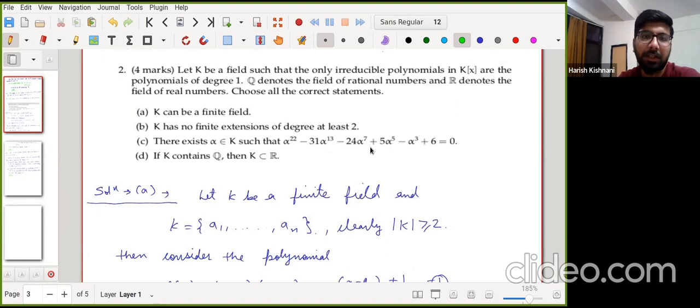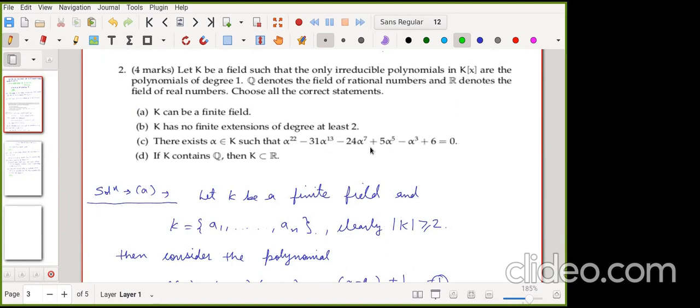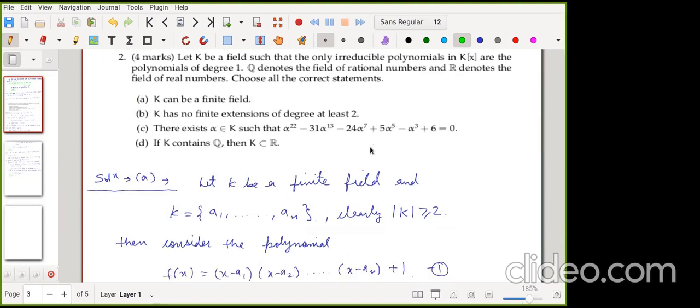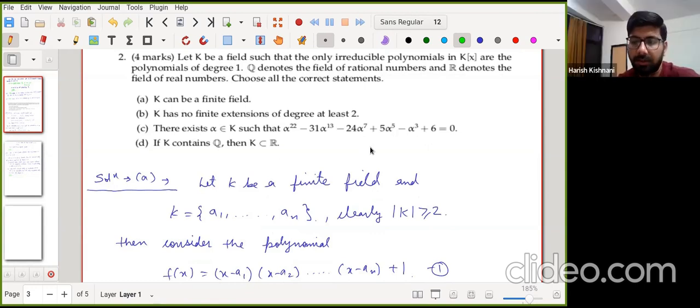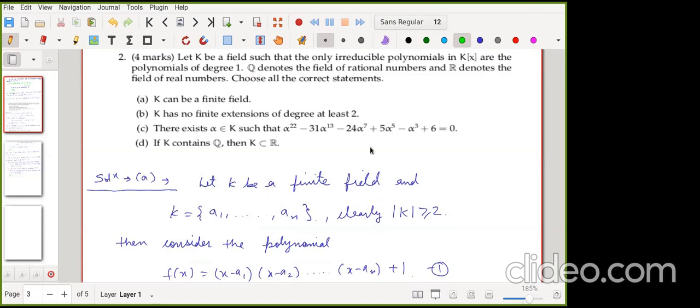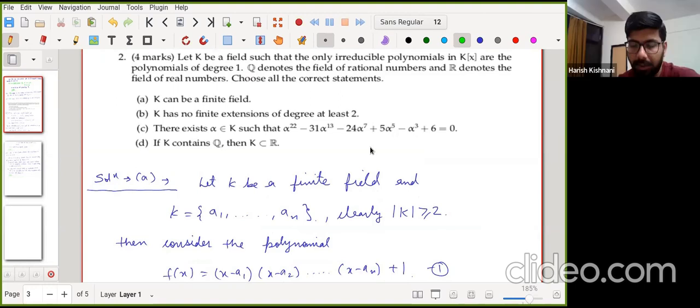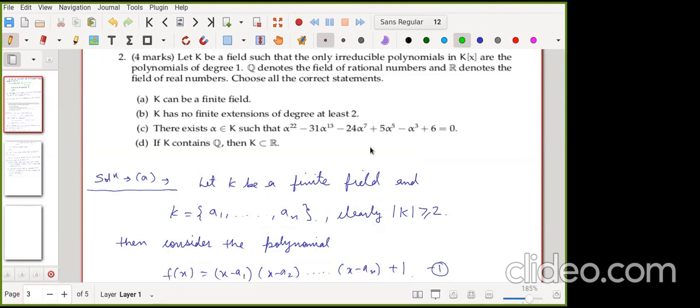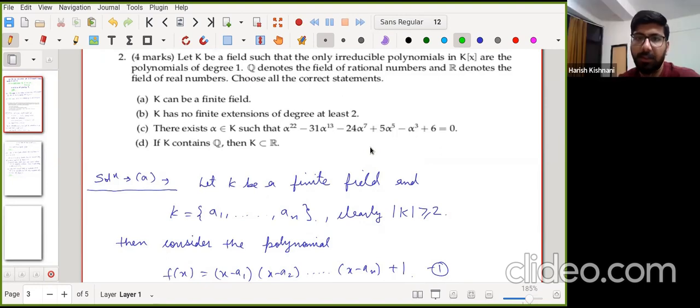Muthu, you want to say something? The negation: if every alpha in K does not satisfy this equation, then this 22nd degree polynomial becomes irreducible over K, which is a contradiction to the hypothesis. Yes.